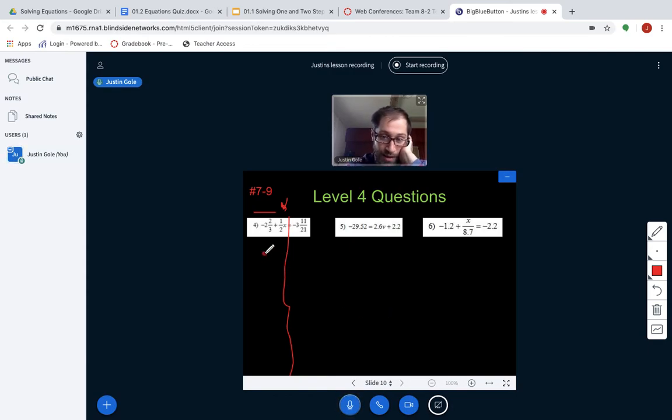Negative 2 2/3. So I'm going to add 2 2/3 to both sides. I know my handwriting is terrible, but those cancel out. And I am left with 1/2 x.